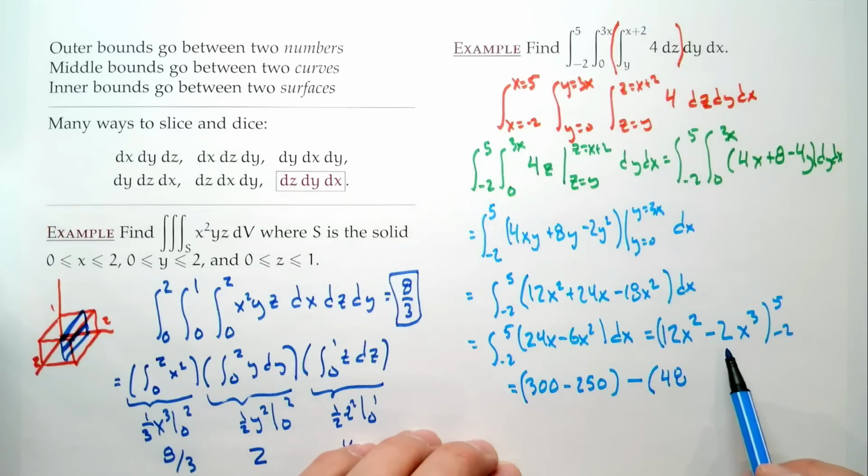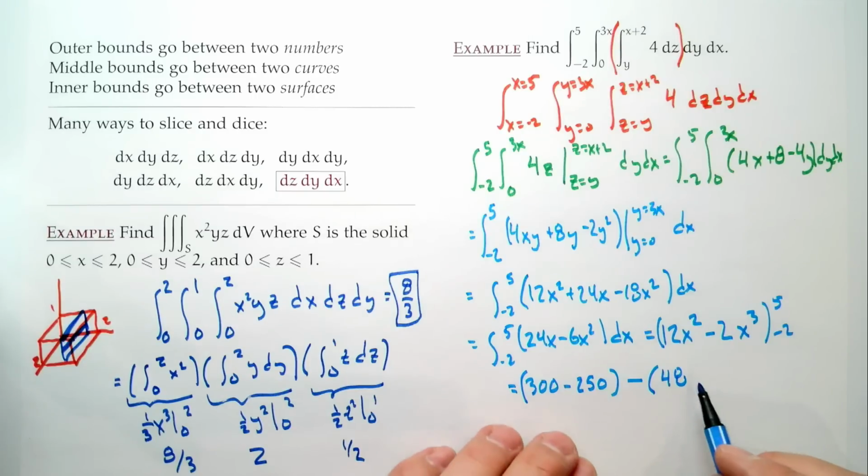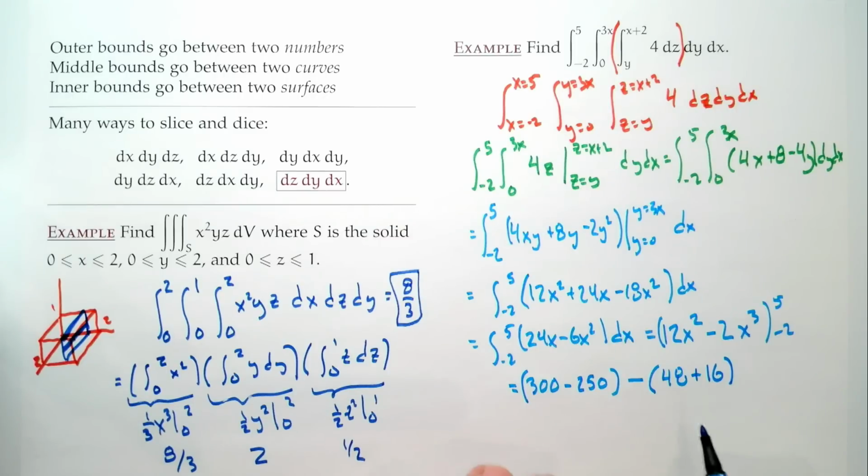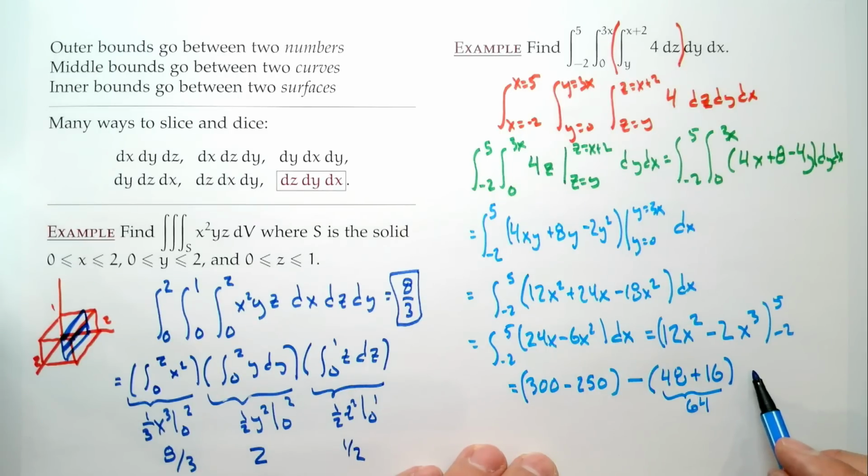And then we're going to have minus 2 times minus 2 cubed, which will end up becoming plus 16. And 48 plus 16 turns out to be 64. So I have 300, subtract 250, subtract 64, giving us a final answer of negative 14.